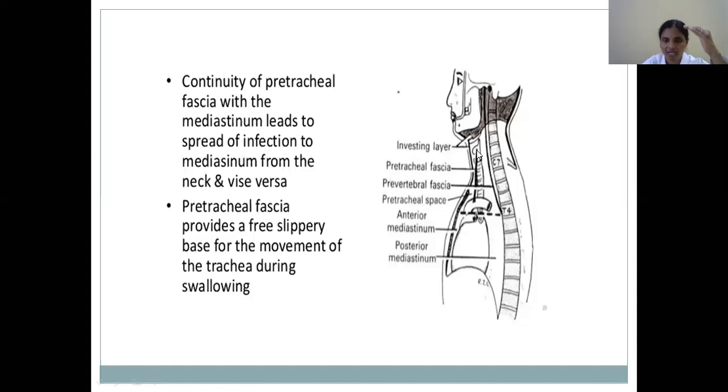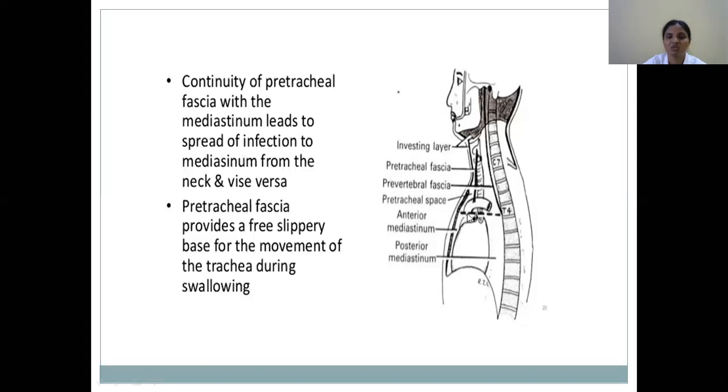If you trace the pretracheal layer below, as it is covering just in front of the trachea, it extends down as far as the mediastinum. It ends at the superior apex of the fibrous pericardium. See, the fibrous pericardium is the content of the middle mediastinum. So the pretracheal layer extends down to the thorax, to the mediastinum.